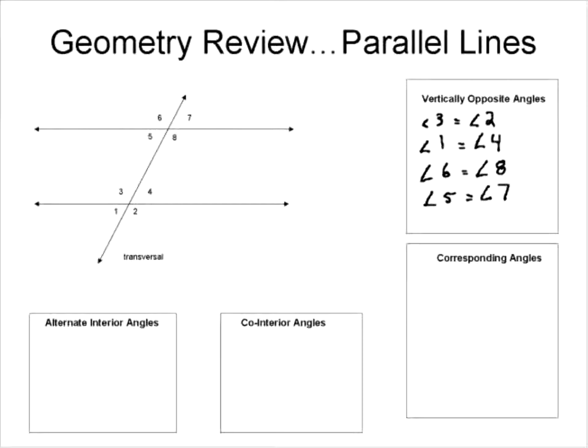So let's look at alternate interior angles. What does it mean if two angles are alternate interior? Well, just as it is. They're interior, inside the parallel lines, and they are alternate to each other. They're opposite to each other like that. So alternate interior angles would be angle 3, that has to equal angle 8.